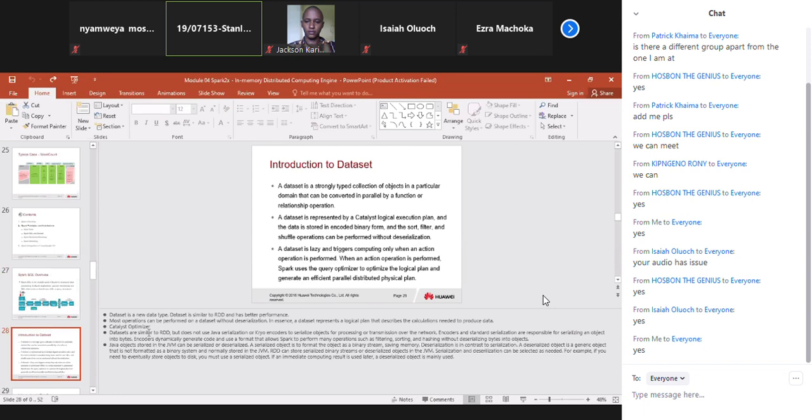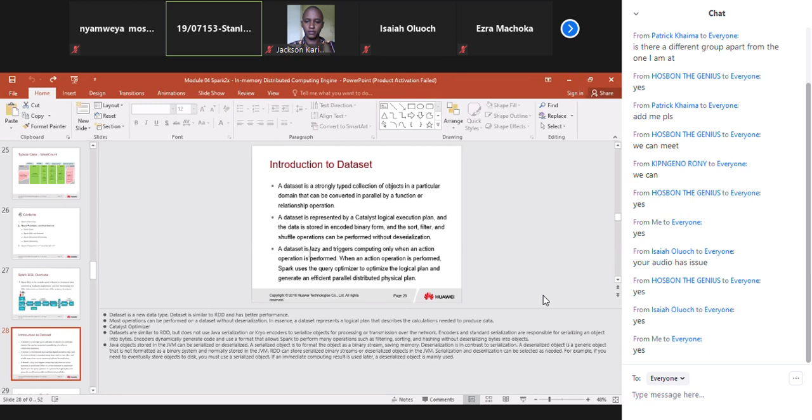Then dataset. What is a dataset? A dataset is a strongly typed collection of objects in a particular domain that can be transformed in parallel by a function or relational operation. A dataset is represented by a Catalyst logical execution plan, and the data is stored in encoded binary form, and sort, filter, and shuffle operations can be performed without deserialization.